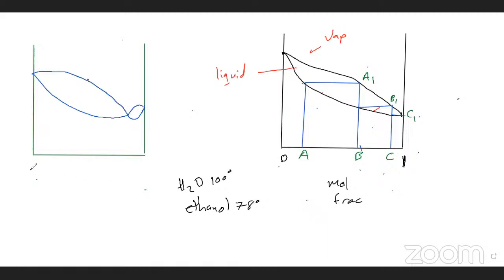So this is again ethanol and water, right? So based on this diagram, tell me why you cannot get 100% ethanol. What would you say? Well, don't answer as yet.